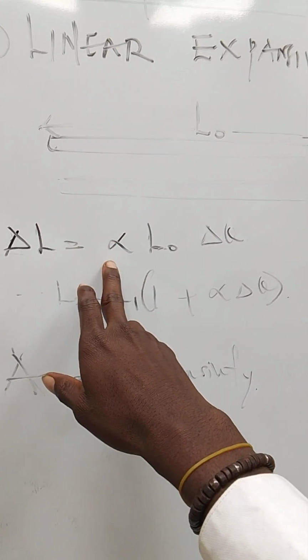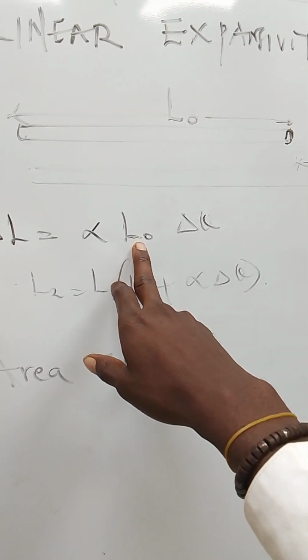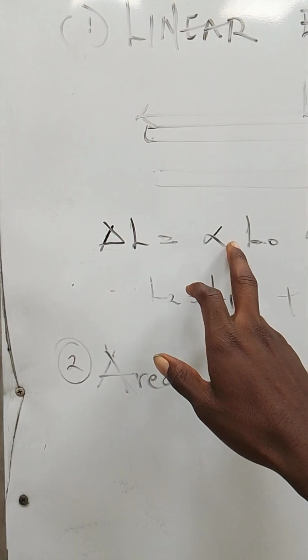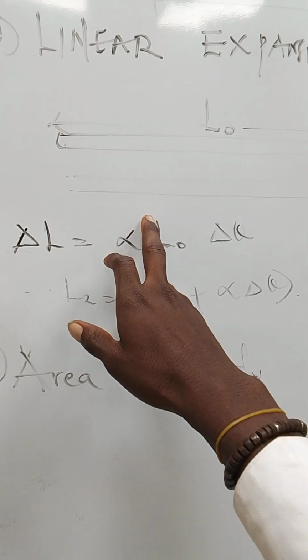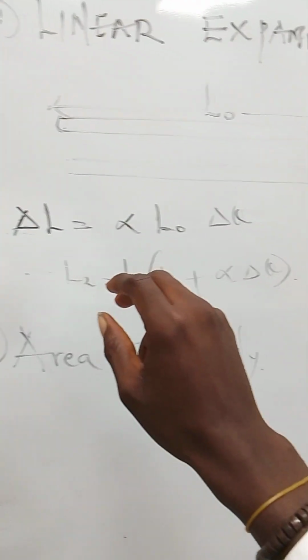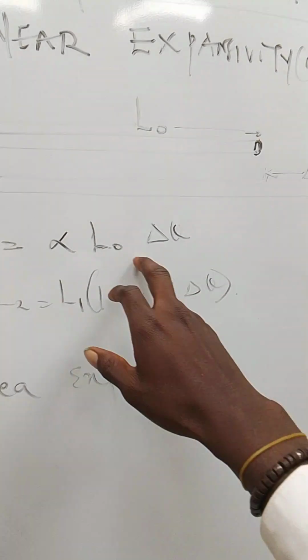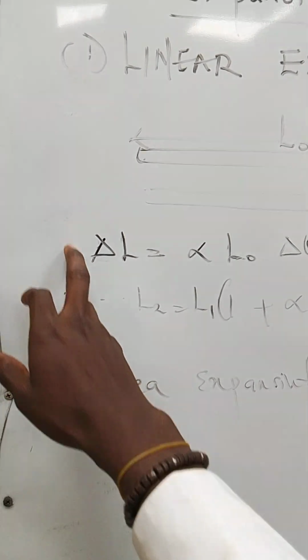It depends on the linear expansivity alpha, the original length L naught, and the change in temperature. So if we start with a much greater initial length, we'll have a much greater expansion. And if we have a much greater change in temperature, we'll have a much greater extension.